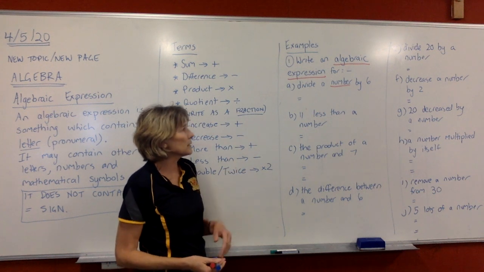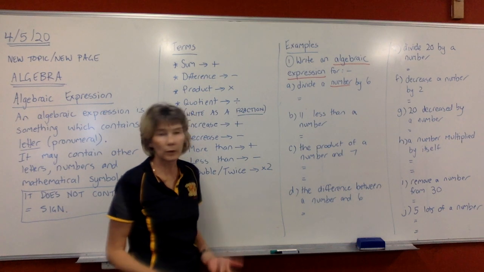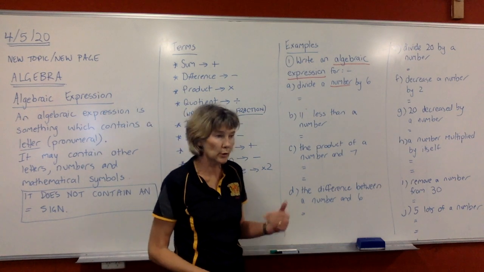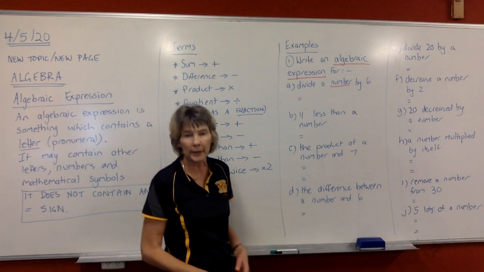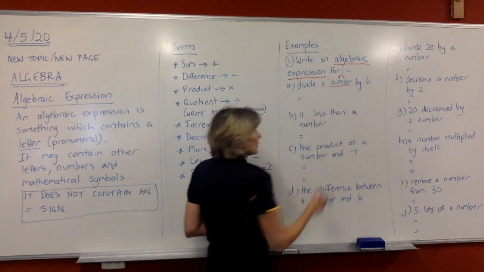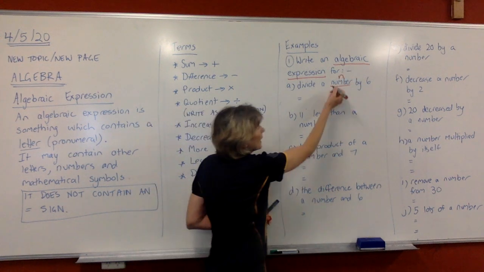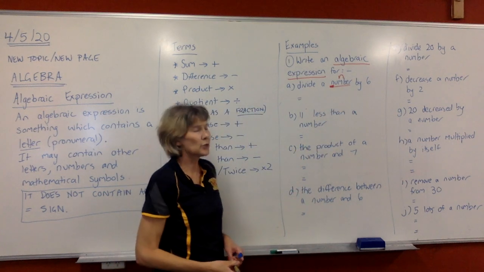So the first one says divide a number by 6. So if it said divide 30 by 6, we would be able to do 30 divided by 6 and get an answer of 5. But this doesn't tell you what that number is. So where it says number, we're going to use the letter N. I'm choosing N because it's the first letter of the word number. You could use any letter you like.